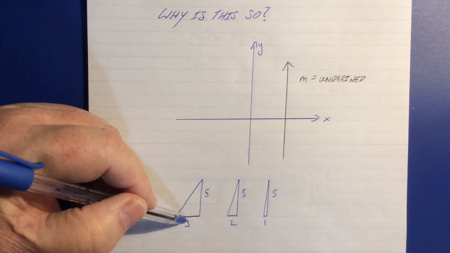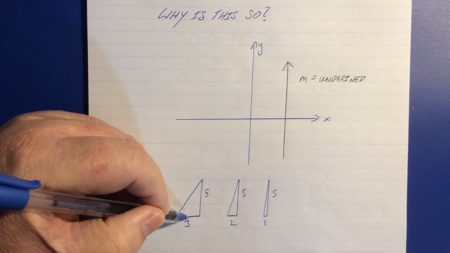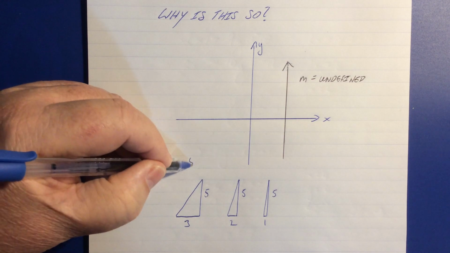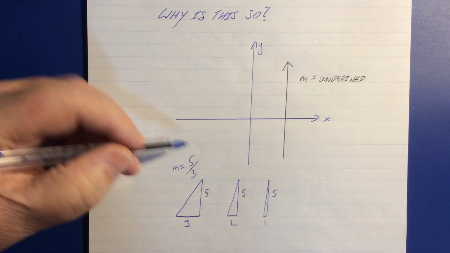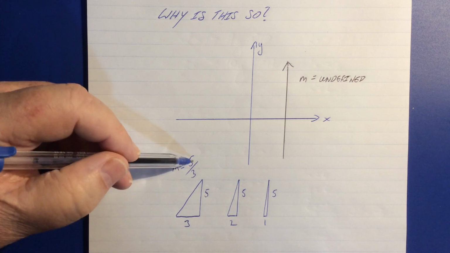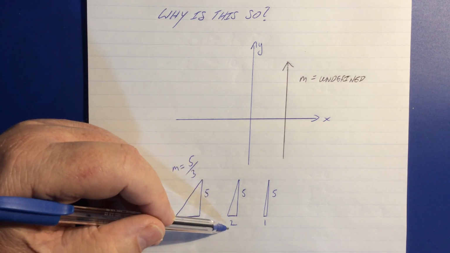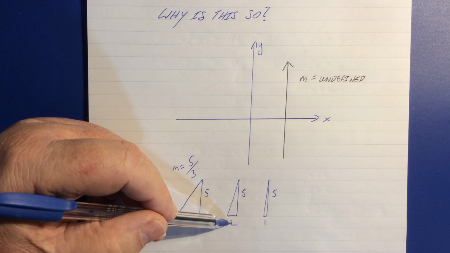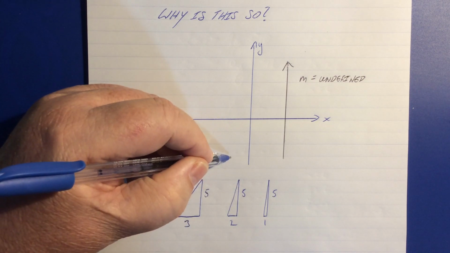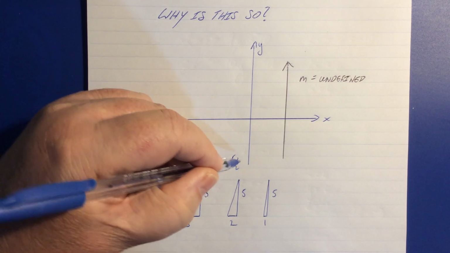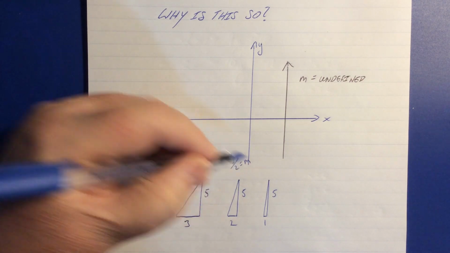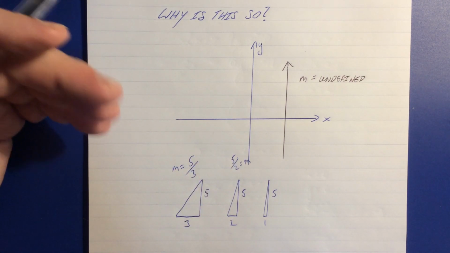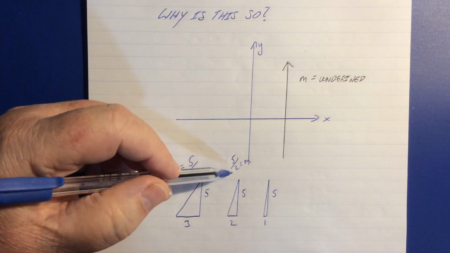Now, the gradient of this is rise over run, 5 over 3. M equals 5 over 3. That's greater than 1. It's 1 2/3. The gradient of this is 5 over 2, which is steeper yet again, rise over run.